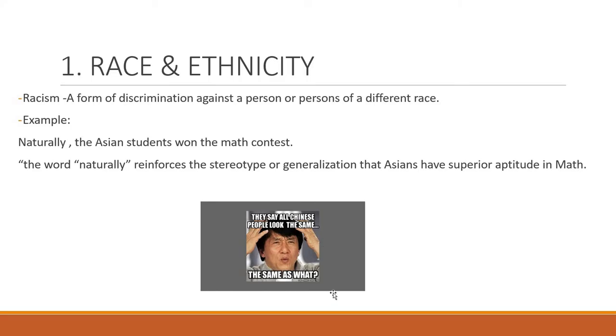The same as what? If we are trying to give more emphasis on this image, we could say that it could somehow talk about a different race, people of China or Chinese people, right?